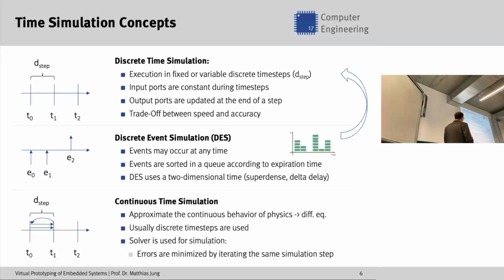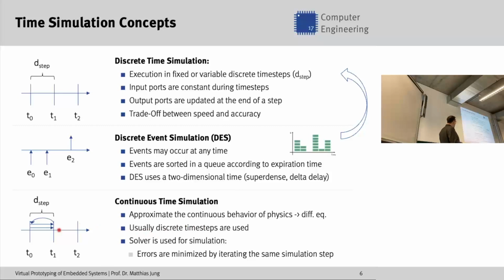Yeah, and then we have continuous time simulation. We will also talk about that. We want to approximate the continuous behavior of physics, and this always leads to differential equations. Usually we use discrete timestamps, and with the width of the timestamp we can steer the accuracy.